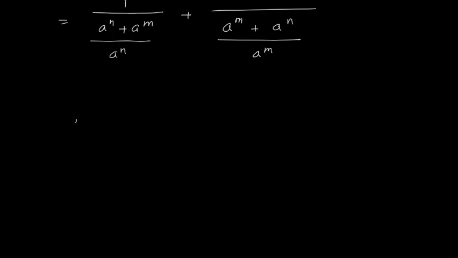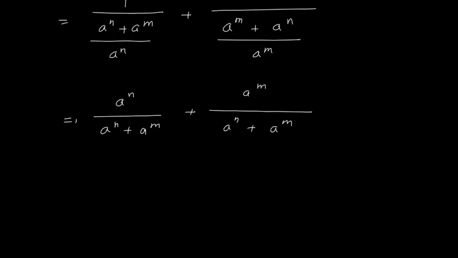So this is equal to a power n divided by a power n plus a power m, plus now a power m will go up, and in the denominator I have a power m plus a power n, so I can write this as a power n plus a power m.